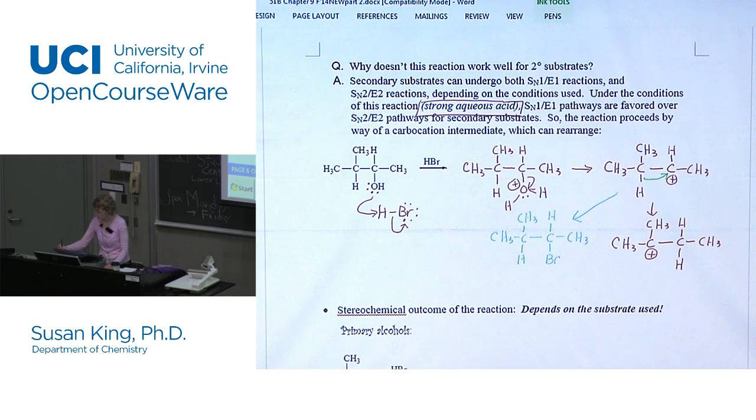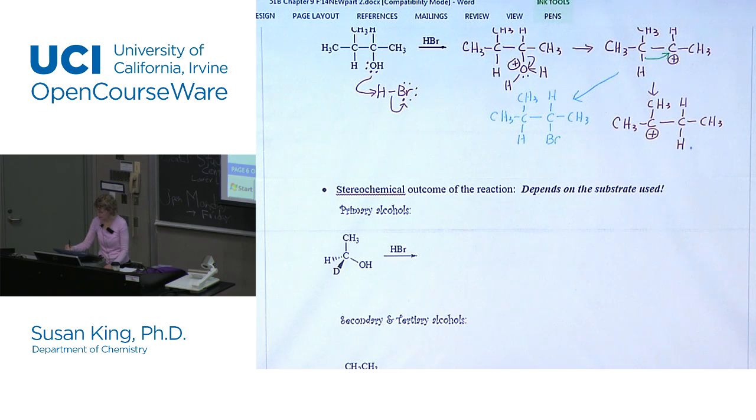Or if we do rearrange first before the bromide attacks, I'm skipping a step here, then we can get this product.